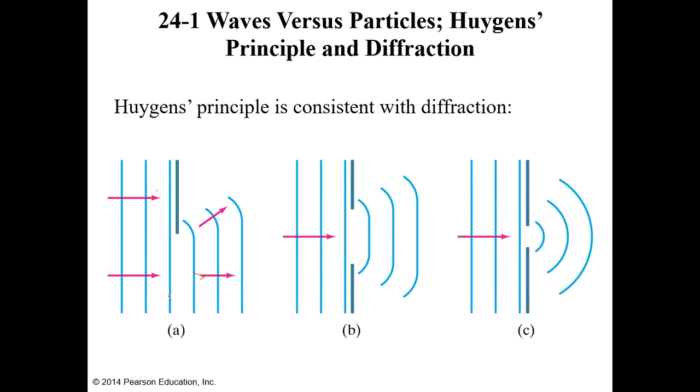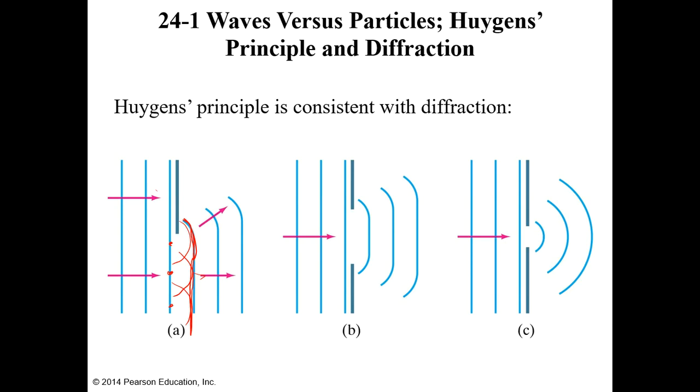If you have a series of wavelets, a series of points forming waves, then the combined wavelets form the next front. But on the edge, right by the obstruction, there are no other waves to combine, and so that rounded edge just comes from the end of one of the tiny wavelets.